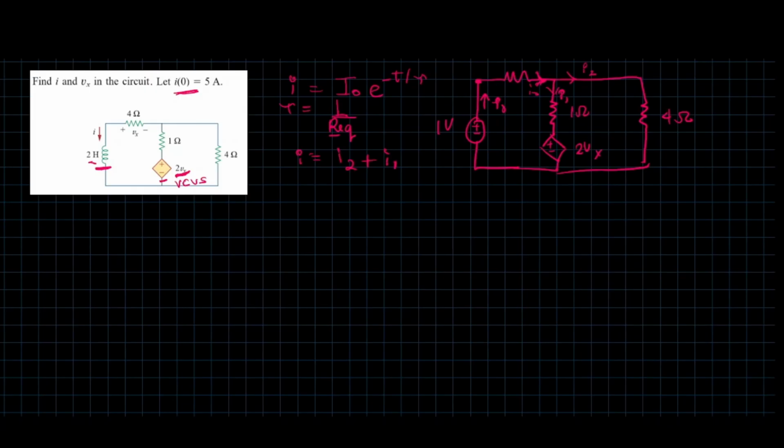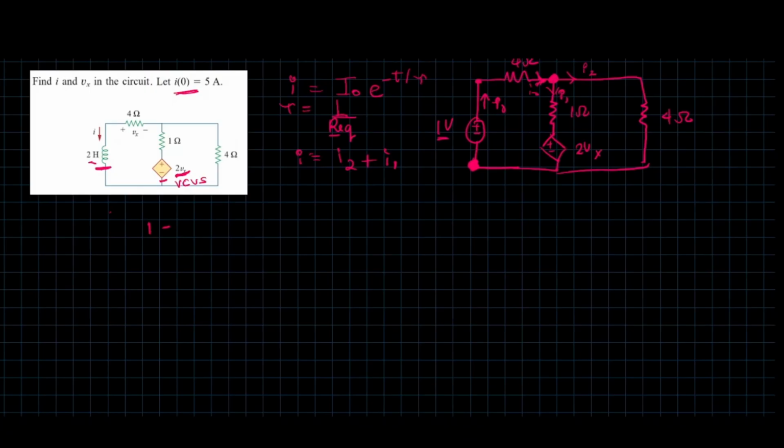Now to write those equations, this is nodal analysis. If you don't understand nodal analysis, please refer to my former videos. So I0 is basically going to be the voltage here minus the voltage here all over the resistor that is here. So the voltage at this point is actually 1 volt.